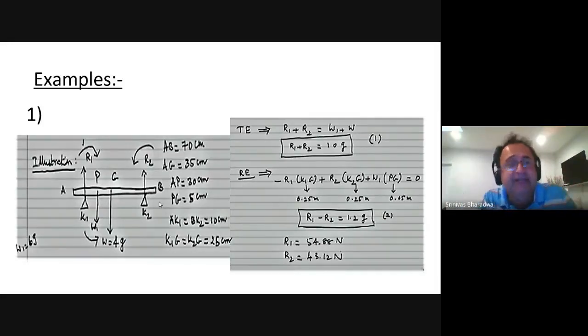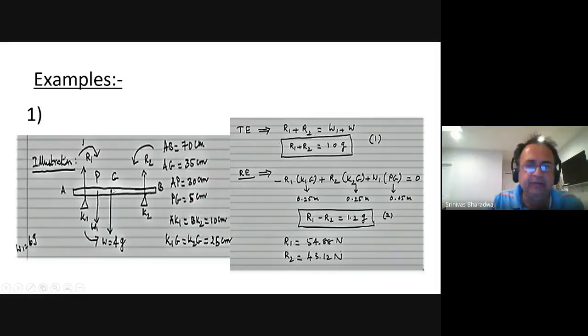Right. But is that enough to solve the problem? No. You need one more equation. And that equation comes by applying moments. Because it is also not rotating, the net external torque is 0, and we are taking moments about this point, G, right? So we have R cross F for PG times W1, right?